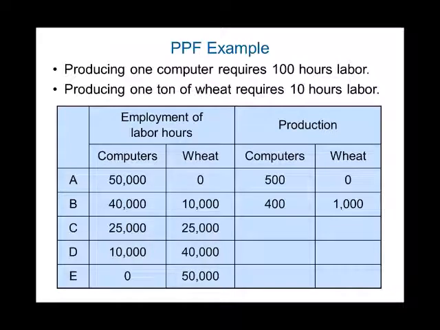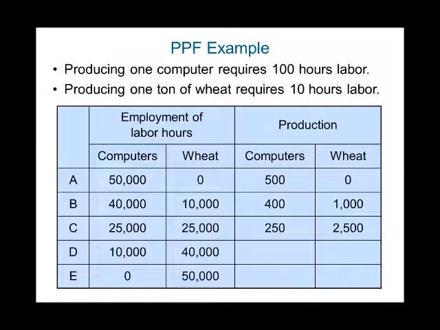Similarly, in scenario C, we're using 25,000 hours to produce computers and 25,000 hours to produce wheat. In total we're using 50,000 hours, dividing the time equally between computers and wheat, and we can produce 250 computers and 2,500 tons of wheat.